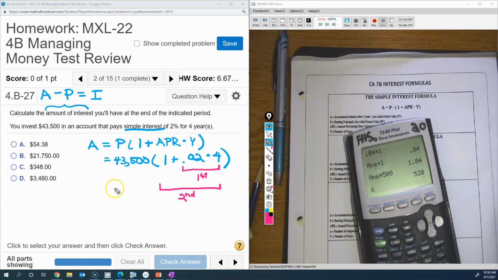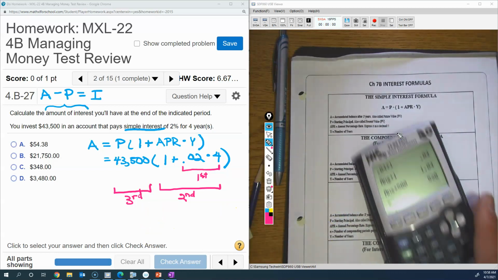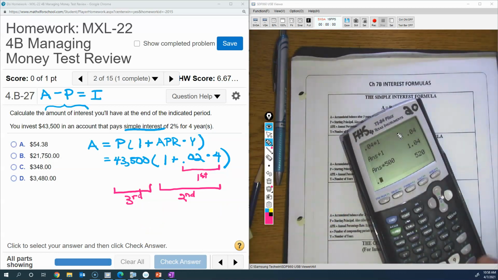And then we're going to do multiplication third. Okay, so the order does matter. Okay, so here we go. 0.02 times 4 years. Okay, add 1. And now multiply.